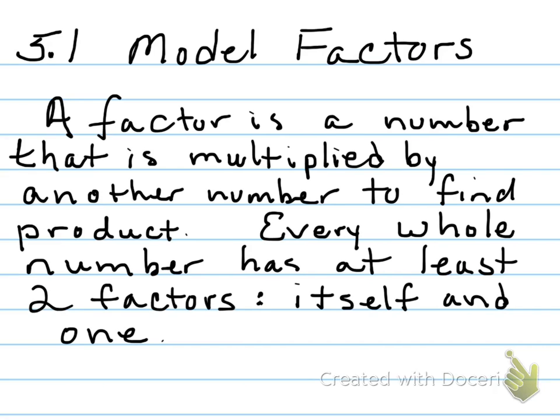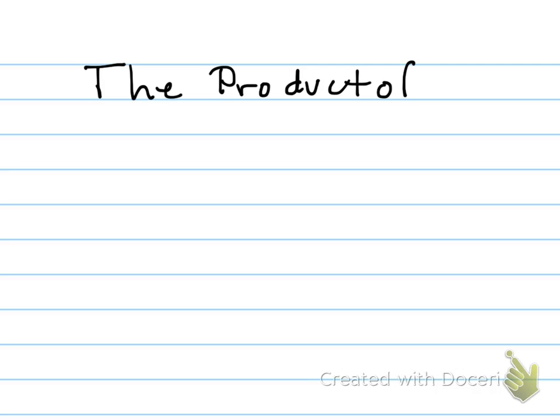Now, many numbers can be broken into factors in different ways. So today we're going to show you how to do that. So let's try this. We want to find the factors of 12. So let's think about what are two numbers that we can multiply together to get 12.